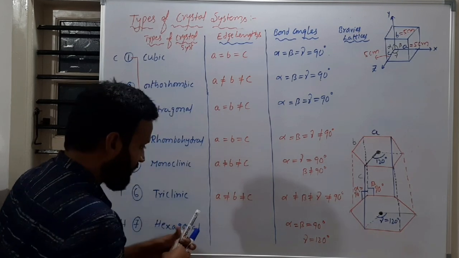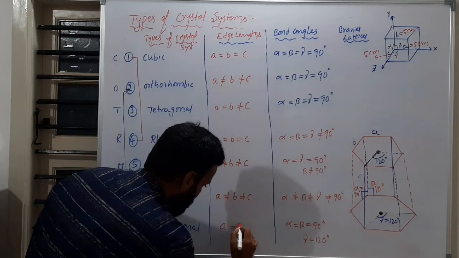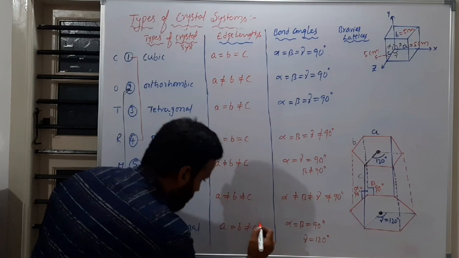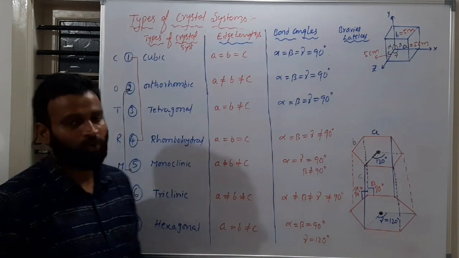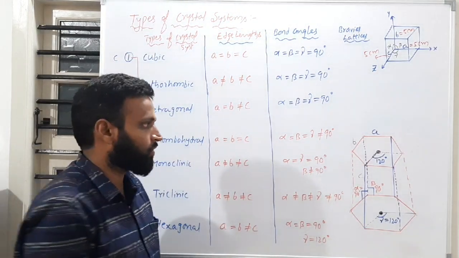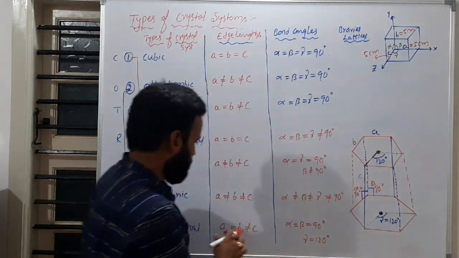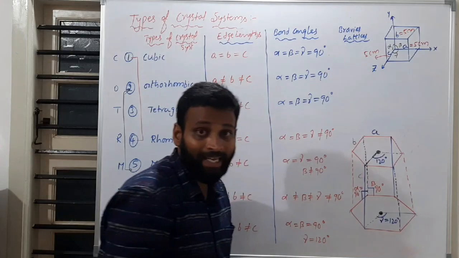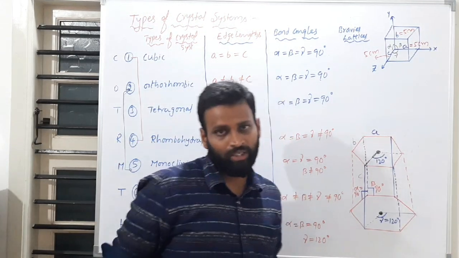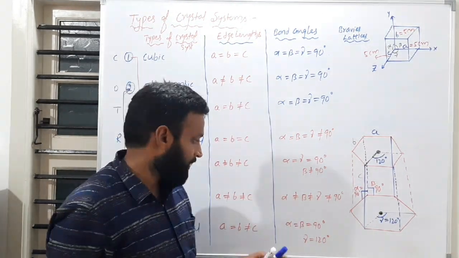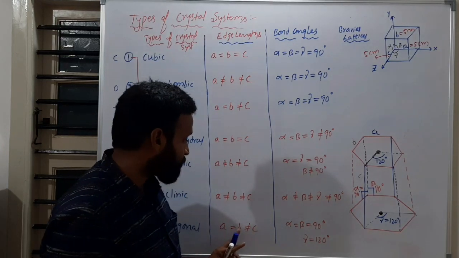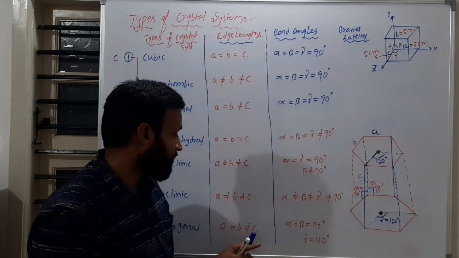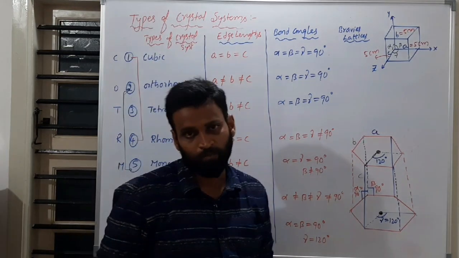So here A is equal to B, but not equal to C, that is hexagonal. So in hexagonal, two edge lengths are the same. Otherwise A and C are the same, you can write, not a problem. Two edge lengths are the same, one edge length is different. Understood? So A is equal to B, but not equal to C.